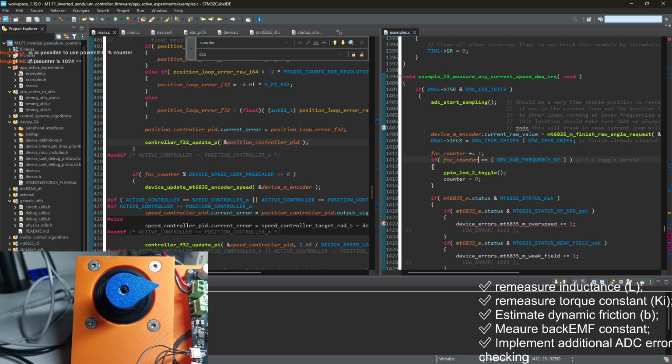But you will have a period that is not equal to your FOC period unless your FOC period is a power of 2. Like, why would you use it? My FOC period is 20k. So if I use 1024, I will actually have 19 calls, and the next call will be shorter.